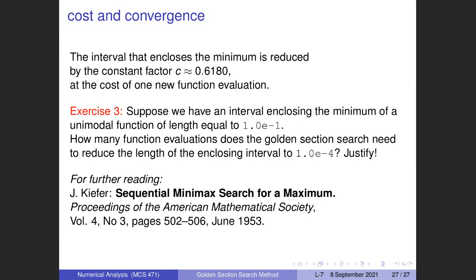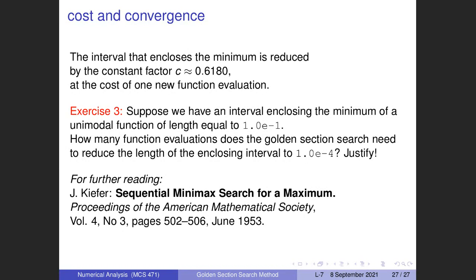The last exercise is very similar to one that we had with the bisection method. Suppose you are starting with one place correct after the decimal. So the length of the interval has one decimal correct, and you want 4 decimals.